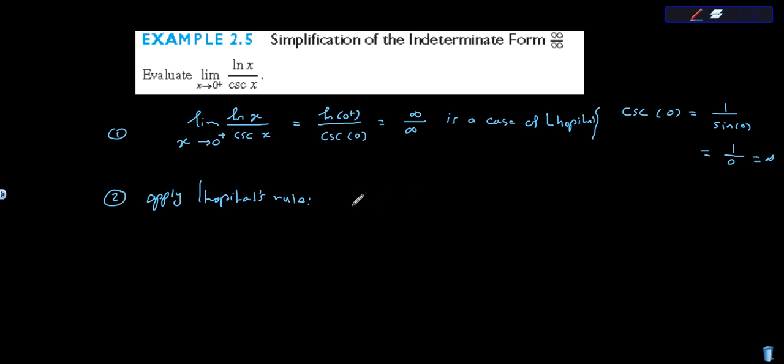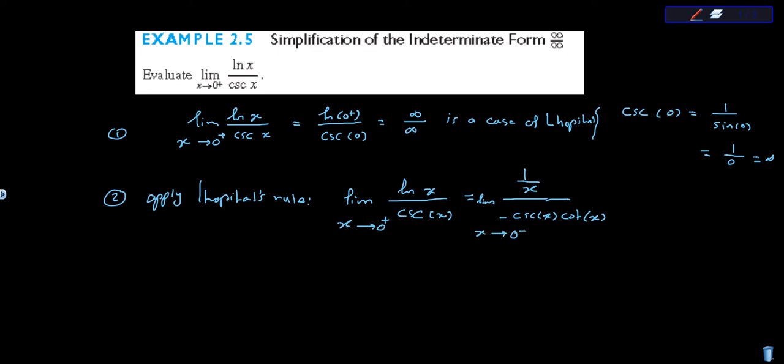Let's see: the limit of ln x over csc x as x approaches 0 from the right is equal to the derivative of ln x, which is 1 over x, over the derivative of csc x, which is negative csc x times cot x. We can find this limit as x approaches 0 from the right.